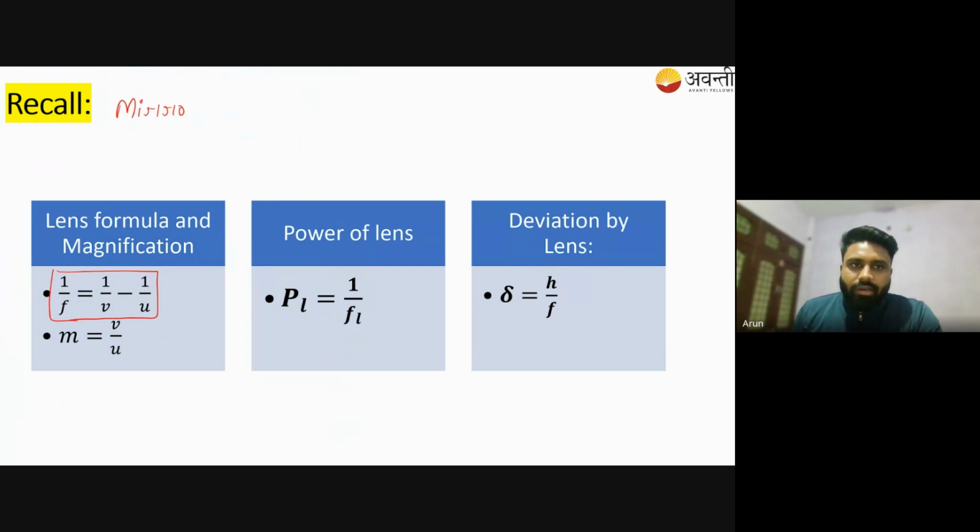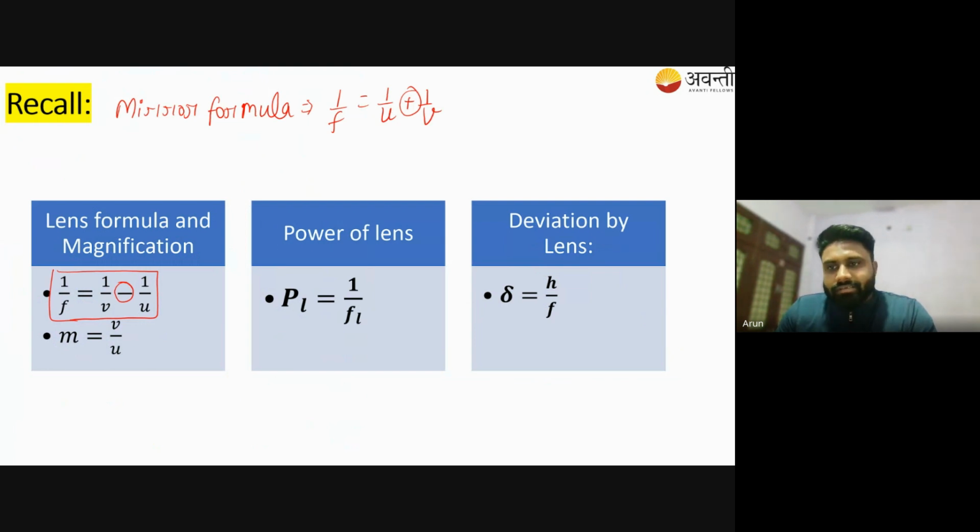The mirror formula is 1/f = 1/u + 1/v. So there is a plus sign there, but here it is a minus sign for lenses. Simple. The same sign convention that we used for mirrors can be used here also.